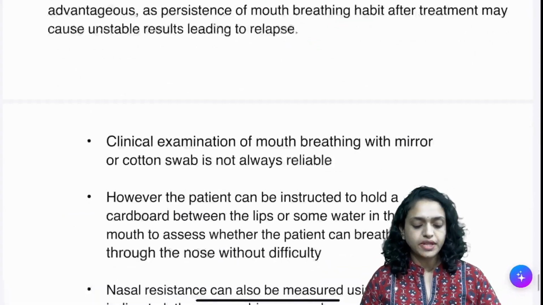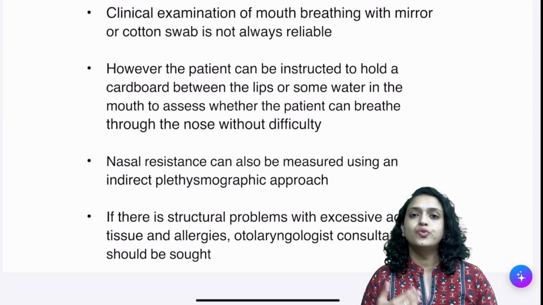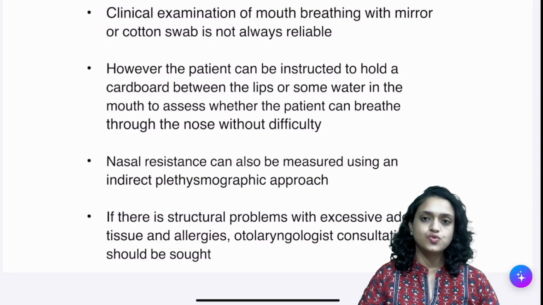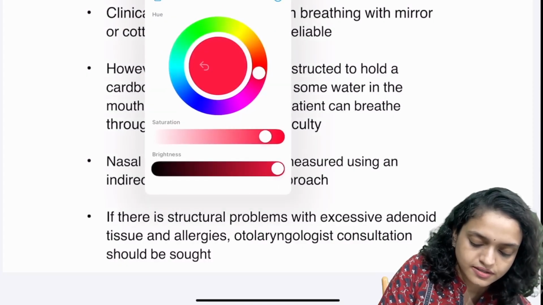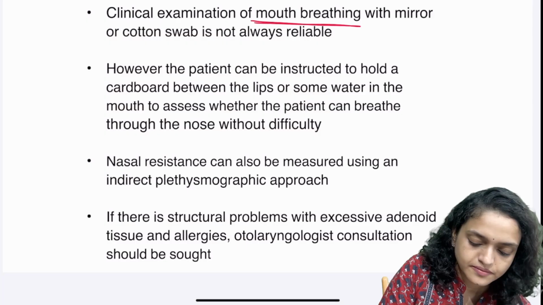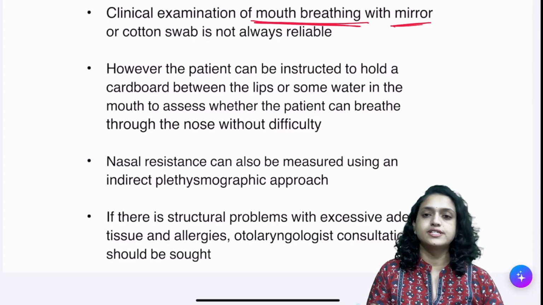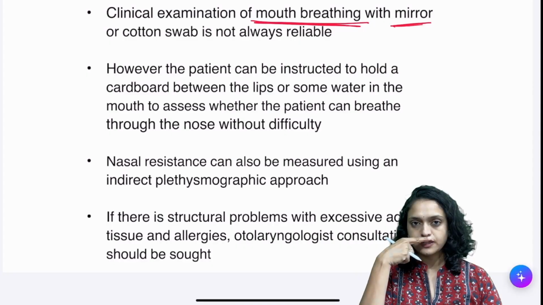So what are the methods of assessing? There are a few chair side tests that can be done to assess whether the breathing is through the oral passage or the nasal passage. The first is the mouth mirror test. Take a double-sided mouth mirror and keep it near the nose and mouth region.